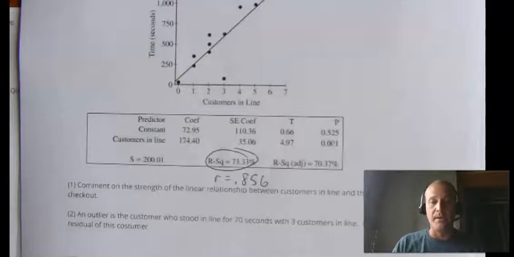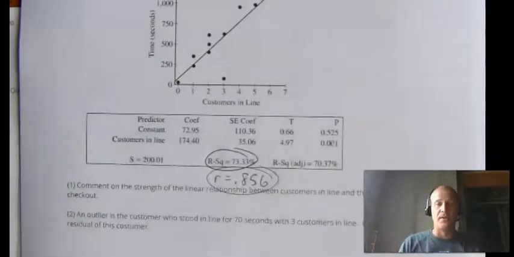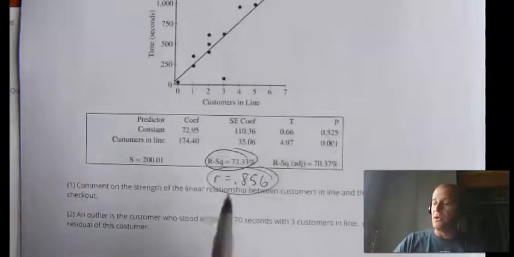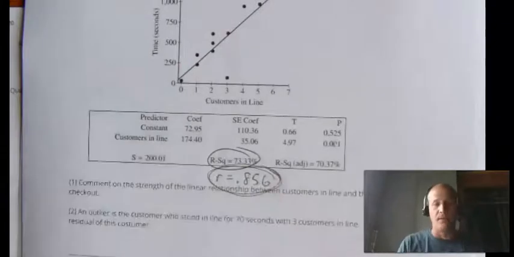To get all points, you would say the correlation coefficient is 0.856, which would indicate a strong relationship between customers in line and the wait time. Okay, so if you just said there's a strong relationship, they're going to want you to say how you know that. Well, we're going to reference the correlation coefficient.